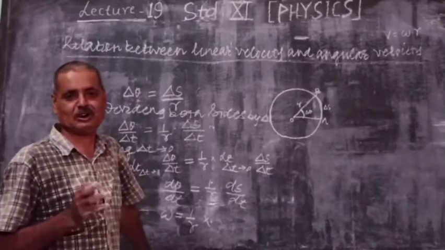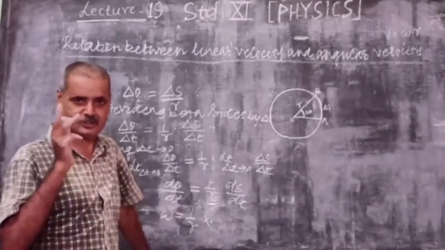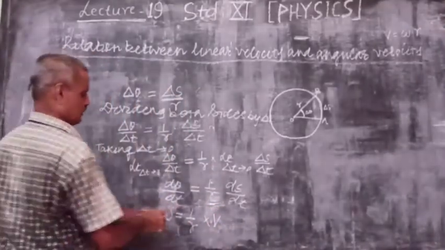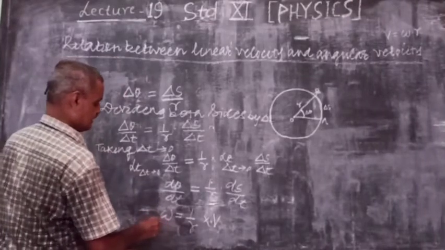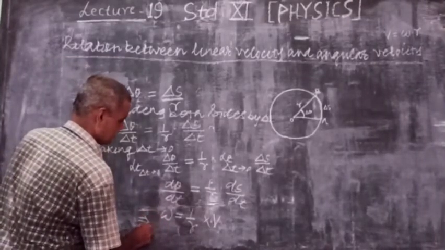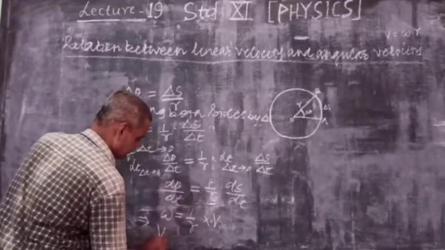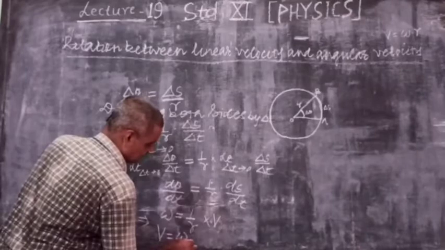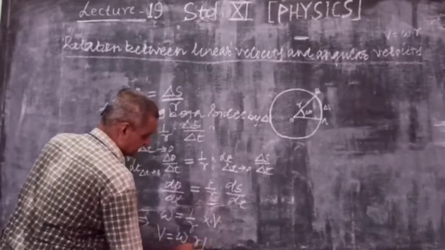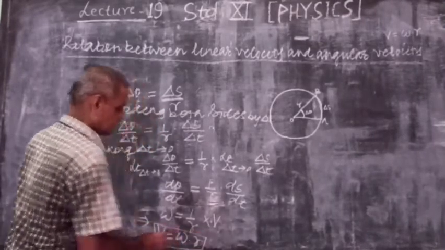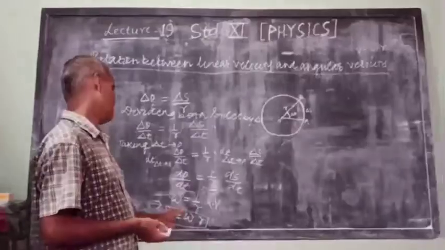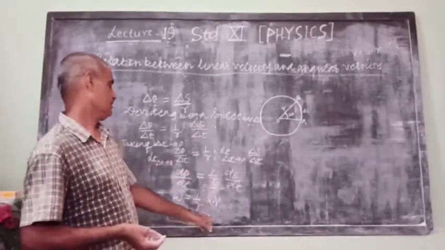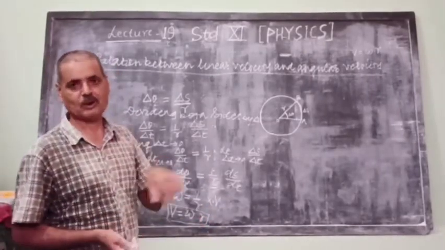Rate of change of displacement is velocity, so it can be written as v. By cross multiplication, finally we will get v is equal to omega r. This is the relation between angular velocity, linear velocity, and radius of the circular path.